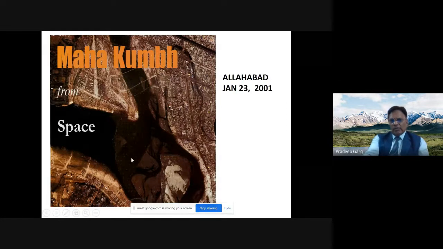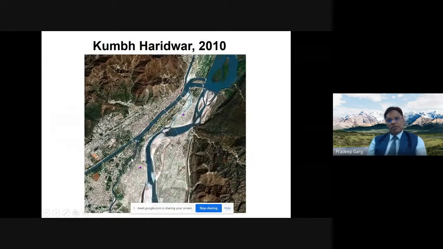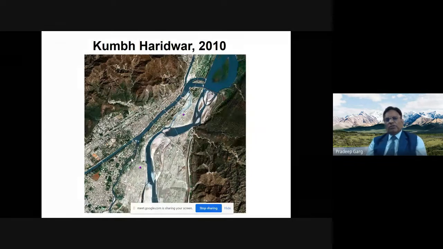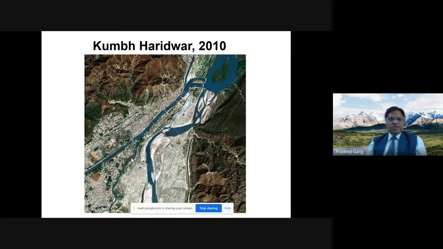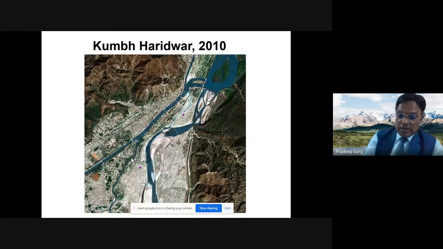All that planning was done on a high resolution image. Later on, whenever such religious activities take place, the administration takes help of such high resolution satellite images to carry out planning and management of the crowd.